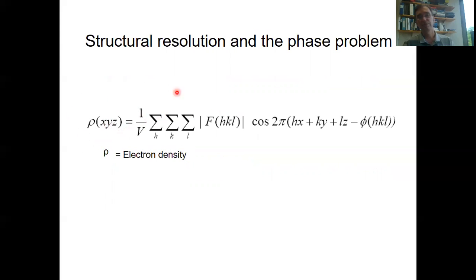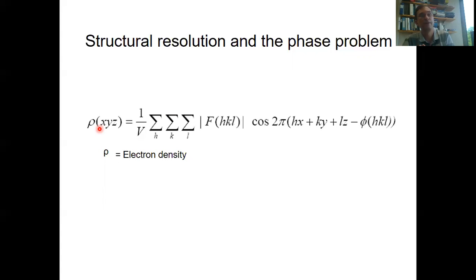The phase problem is also illustrated here. This formula shows you the electron density function, which is basically nothing else but the atom positions, because the presence of an atom at a position in the unit cell will give a peak in the electron density function, because where the atoms are, there are also the electrons.